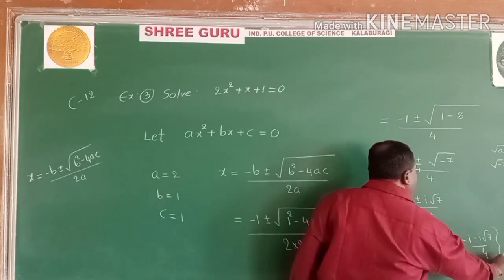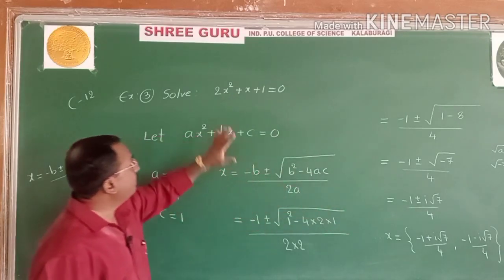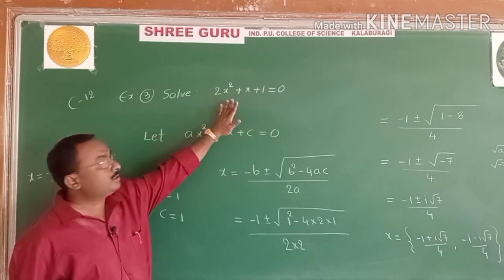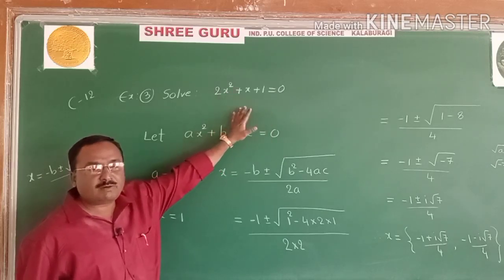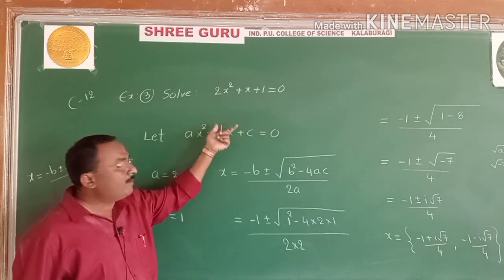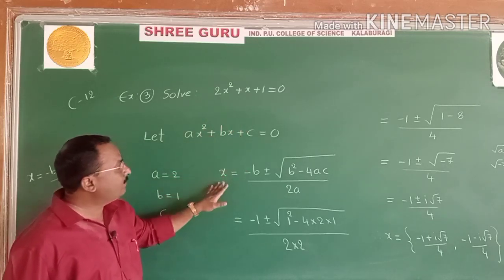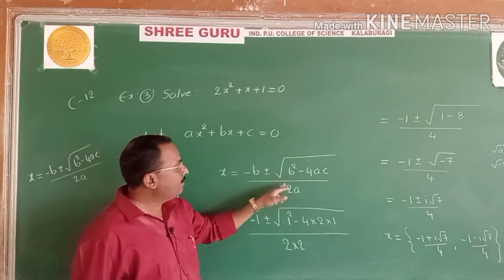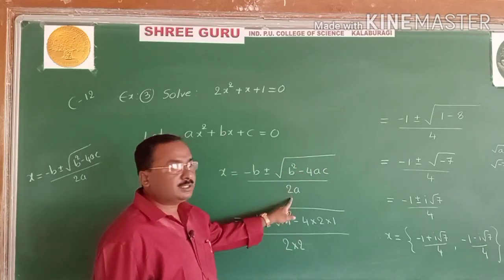These are the two values. If the degree is 2, there are two values. Here 2x square plus x plus 1 is equal to 0 is non-factorizable. If it is not factorized, meaning the factors do not exist, apply the formula. Which formula? x is equal to minus b plus or minus square root of b square minus 4ac divided by 2a.